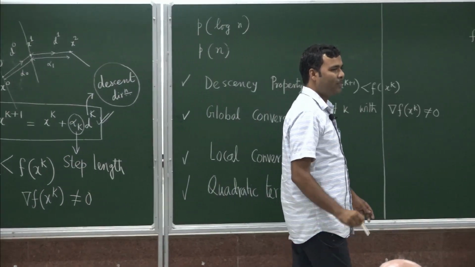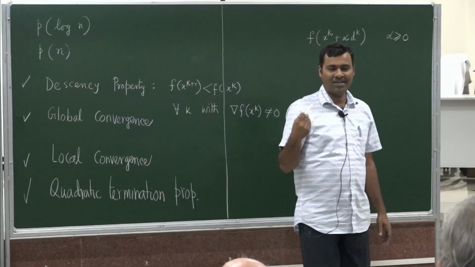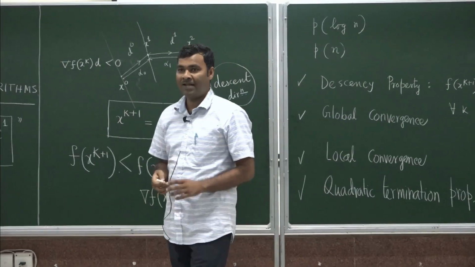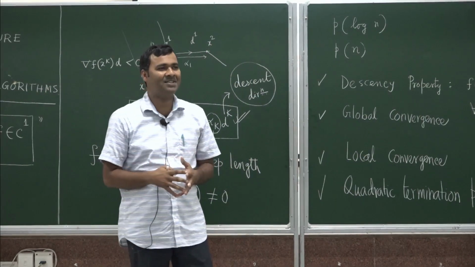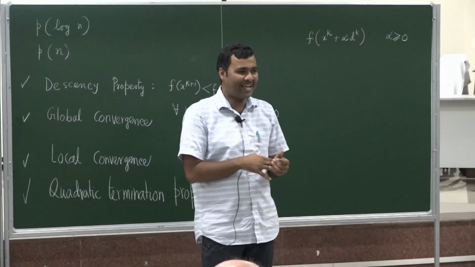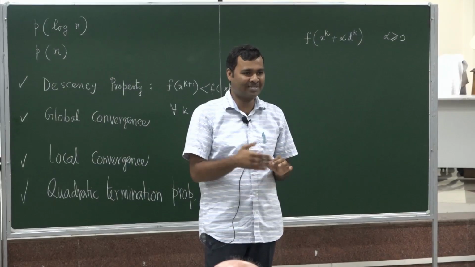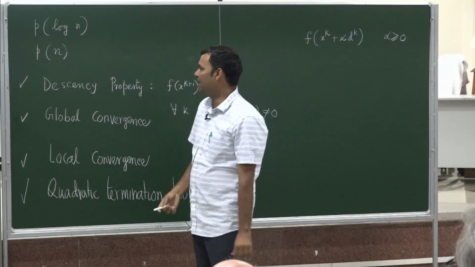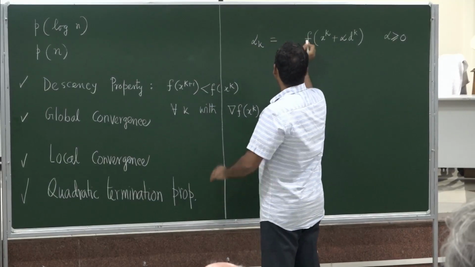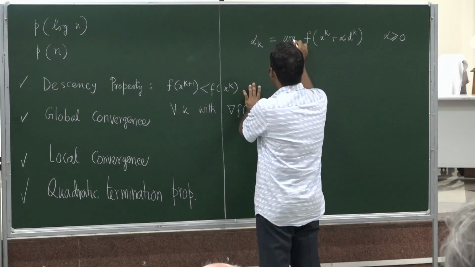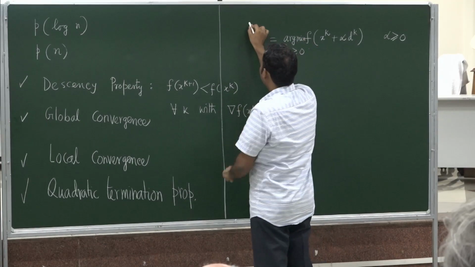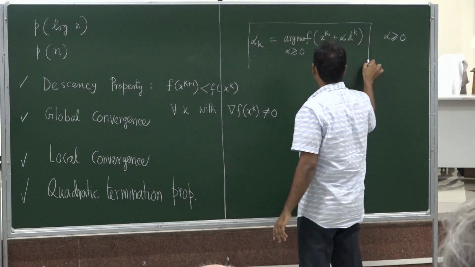By definition you must have at least one alpha k for which f of xk plus 1 is less than f of xk, but you may have multiple ones. Then the common temptation is to choose the best one, by which I mean the one that degrades the function as much as possible. So the common choice is the alpha k that minimizes this function, that is, the argmin over alpha greater than or equal to 0.